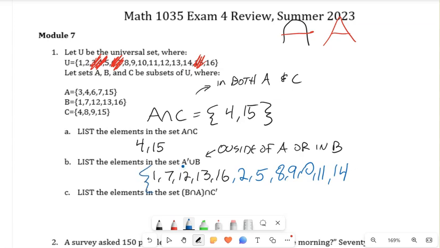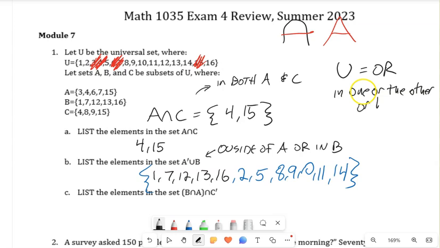That now includes everything that's either outside of A or in B. And some of these numbers are in both outside of A and in B. That's okay. The concept union is or, and you can say in one or the other or both.